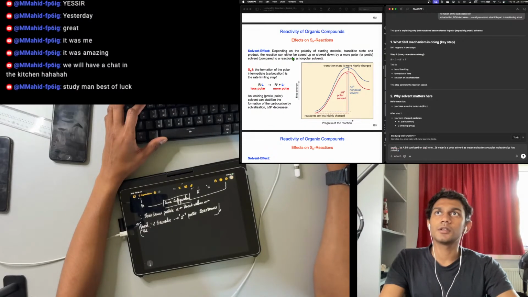The reaction can either be sped up or slowed down by a more polar solvent compared to a reaction with a non-polar solvent. The formation of the polar intermediate is the rate-limiting step.